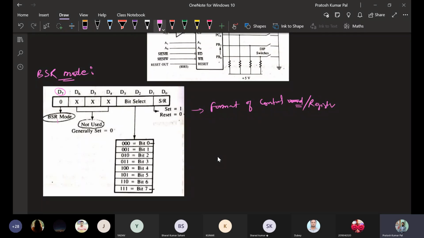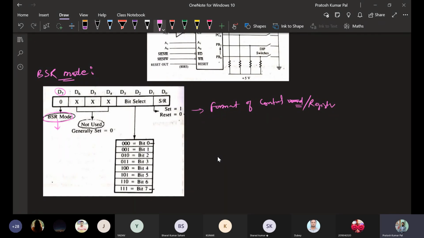If it is 0, that means it is working in BSR mode. And D0 will be giving the set or reset. If it is 1, then it will make the bits of port C either set or reset. So each bit of port C can be set or reset.